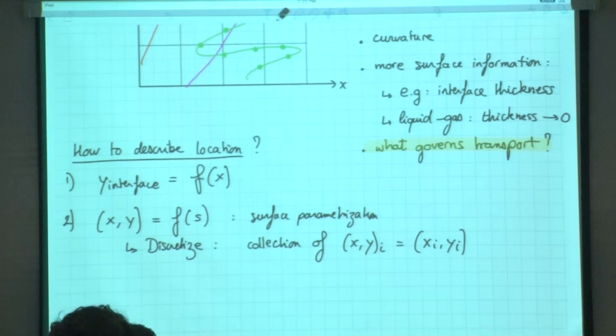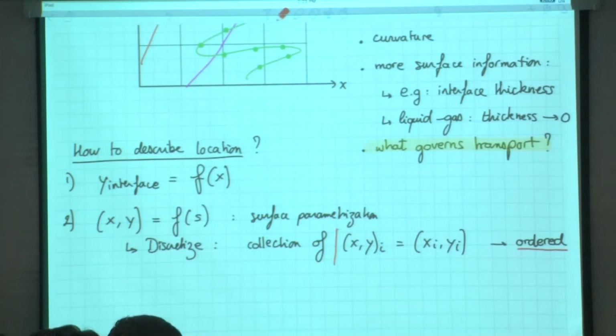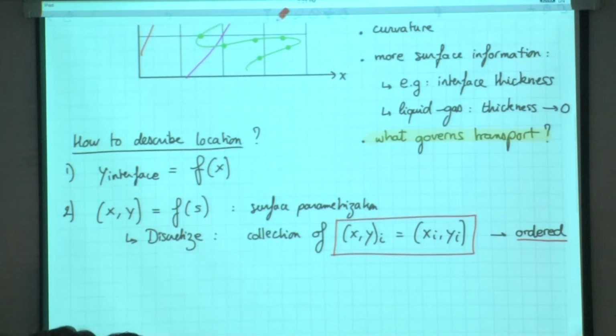Okay? So now I have lots of particles. The parameterization suggests that they have an order. So we have to be careful here. This is ordered, and that will give us problems. And we're going to call that marker points, marker particles, surface markers, call that anything you want.